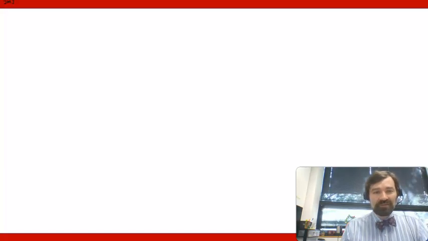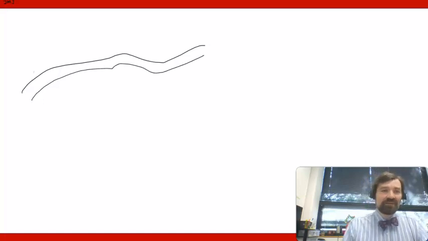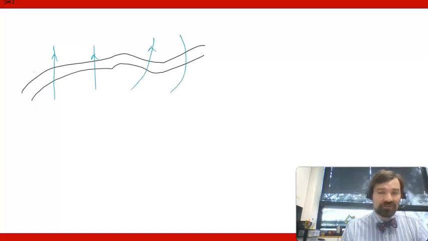What would happen if our wire was bendy like this, and maybe we have some magnetic field like so? For that matter, the magnetic field doesn't even have to be in the same direction for each point of the wire. What would we do?